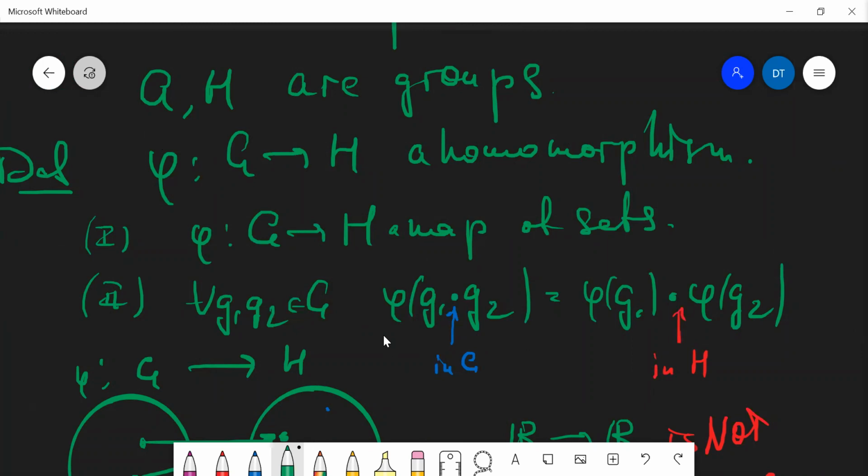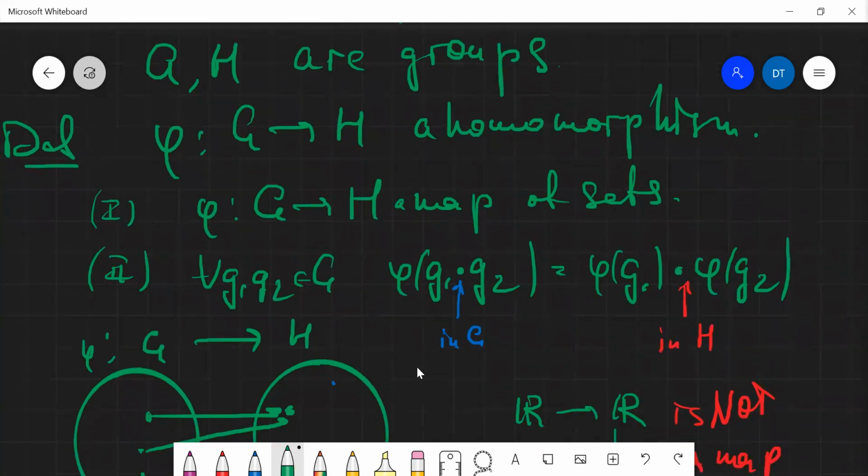When I say that we are given a group, it means that we are given a set and an operation. And the fact that phi is a homomorphism means that it preserves that particular operation that is given for this specific group.